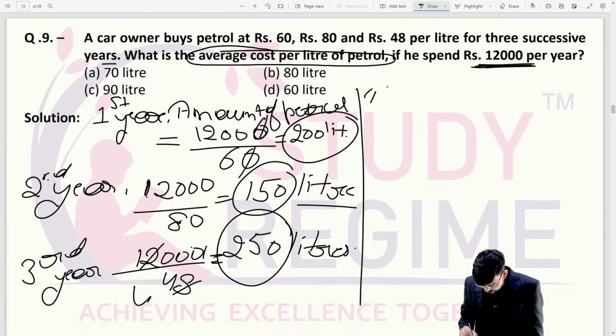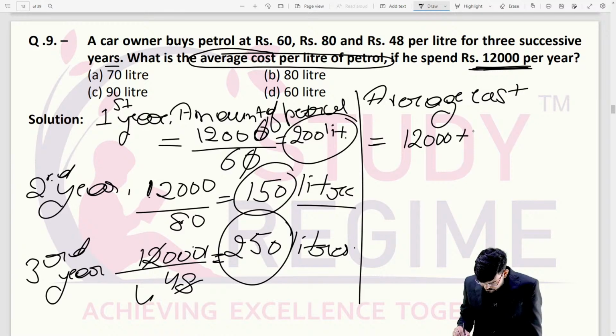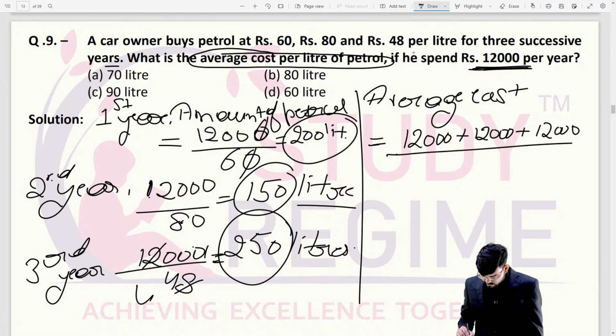Now to find the average cost, I will find 12,000 for the first year, 12,000 in the second year, 12,000 in the third year. Now the amount of petrol he has purchased is 200 plus 150 plus 250.